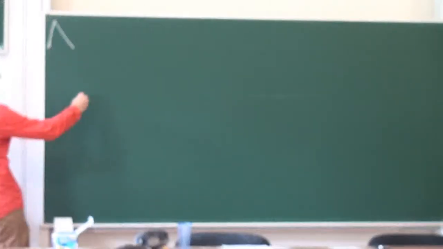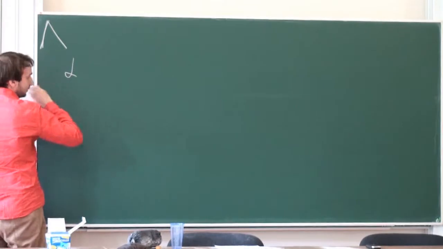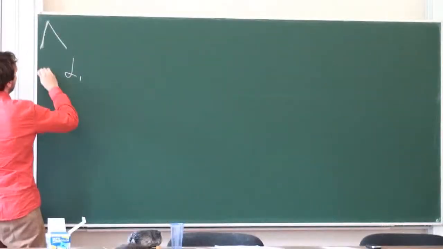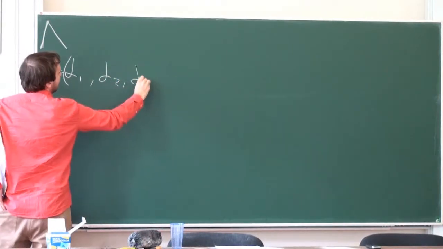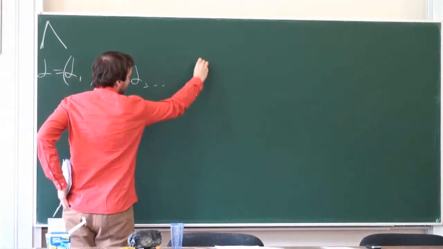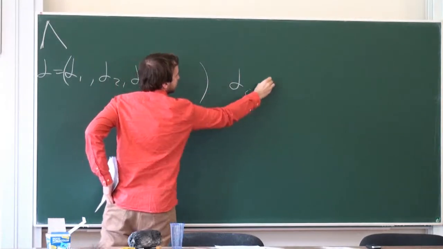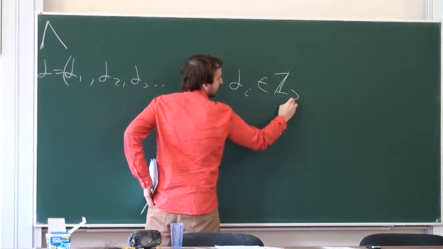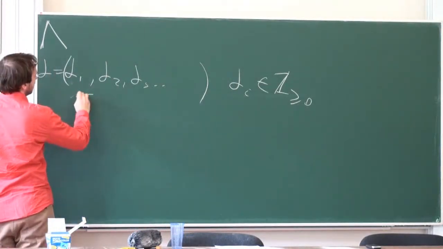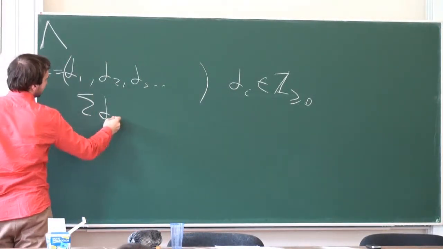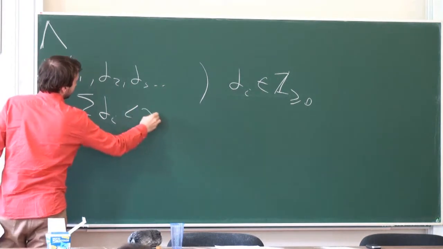Suppose that we have some sequence of non-negative integers, alpha = (alpha 1, alpha 2, alpha 3, and so on), such that all coordinates are non-negative integers, and also assume that the sum of these coordinates is finite.